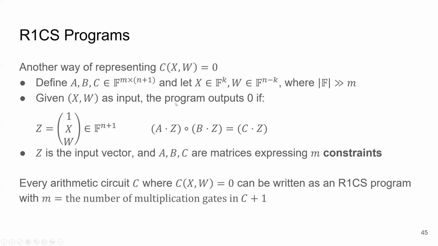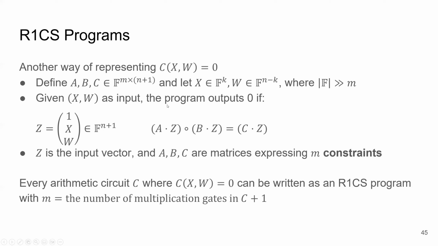So once we have these matrices, if we are taking as input the public information x and the private witness w, this rank 1 constrained system will output 0 if, and here we're defining a couple more things, z to be a concatenation of the scalar 1, x, and w, so that z, having concatenated all these things together, has length n plus 1.